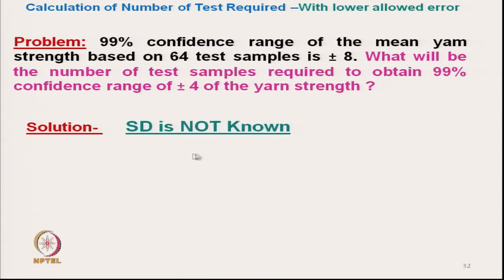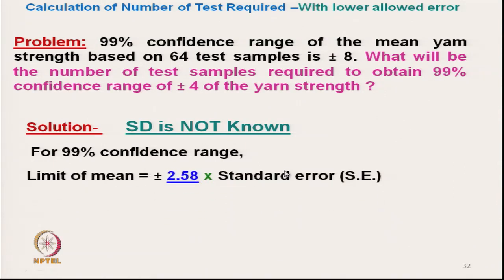The standard deviation is not known here. So, for the 99% confidence range, as we have seen earlier, the value is 2.58 multiplied by the standard error. So, what is that limit here?